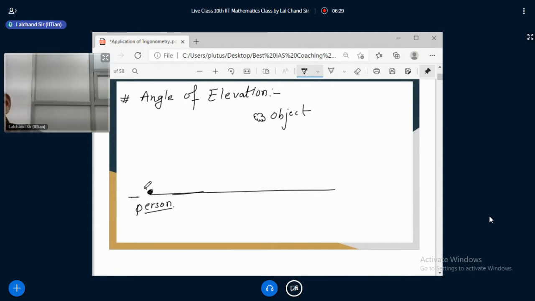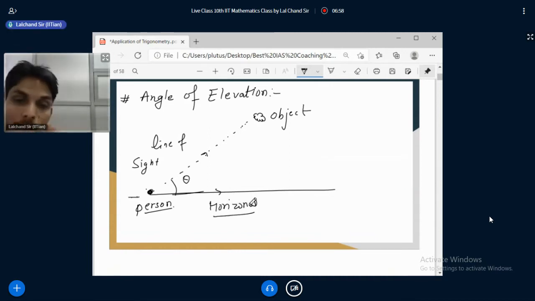So if we make a straight line from object to the person eyesight, then this is the line of sight. Okay. This line of sight makes an angle theta with this horizontal line. Okay. So this angle is known as angle of elevation.